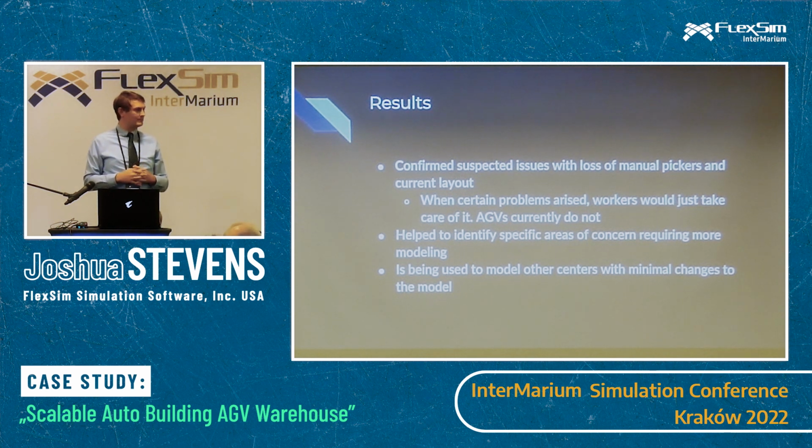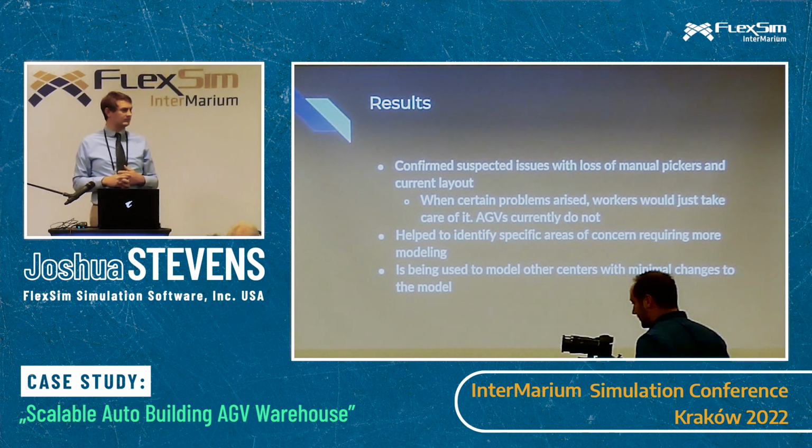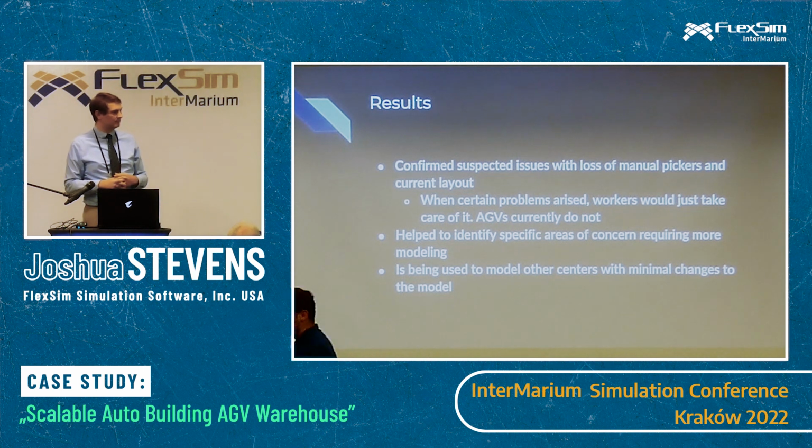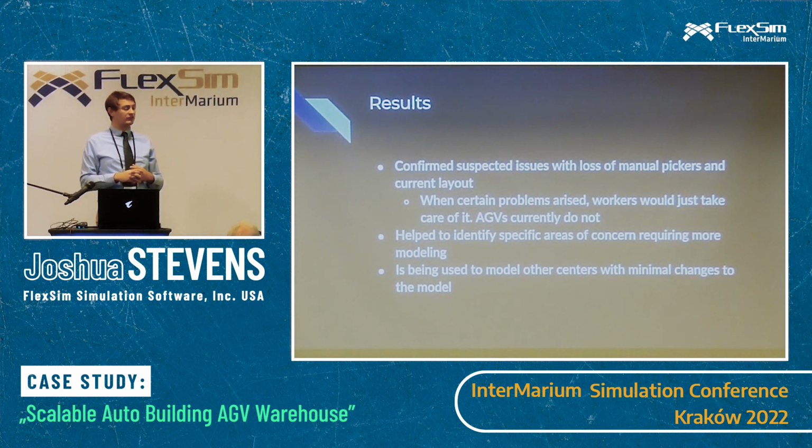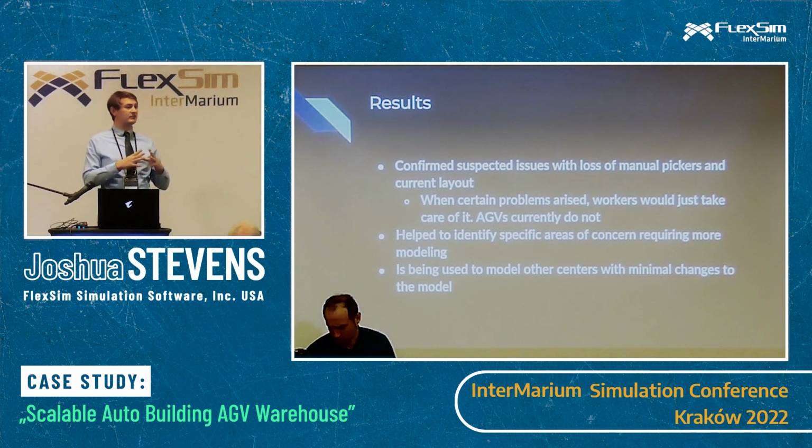So what's the balance between storage capacity and how many AGVs or other equipment we need to achieve the capacity that was needed? What they found is that there's plenty of storage, so the storage issue is not an issue. And some things are set, like for instance, the conveyors.